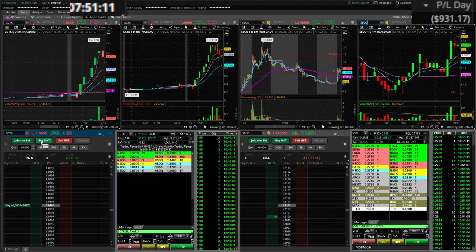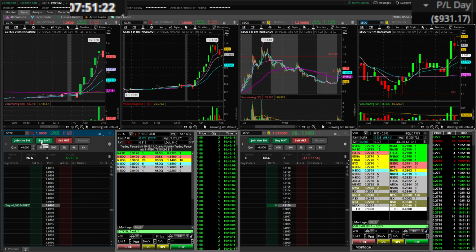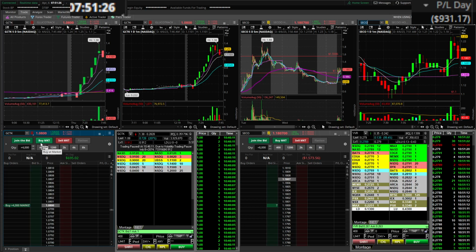GCTK, watch your resumption here. Okay, it's not resuming right away. Might be a 10-minute long halt, considering the gap that it's showing, a 20-cent gap down, which on a dollar stock is a 20% gap.